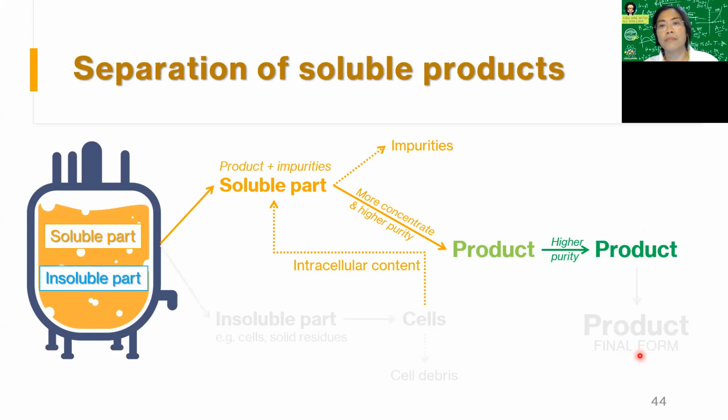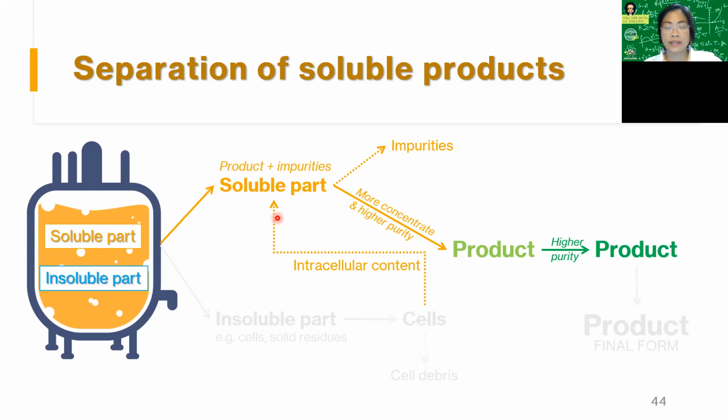Now comes the main point of today's lecture: the separation of the soluble product. Last time we talked about the insoluble part, which is the cells, the solid residue. If the cell contains the product that we want, we break the cell, we get the cell debris, and then the intracellular content is released into the soluble part. So today is about the soluble part.